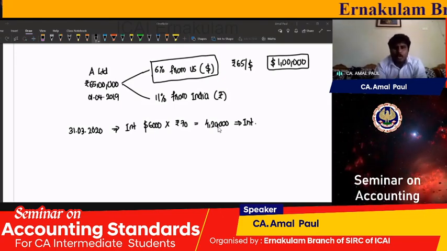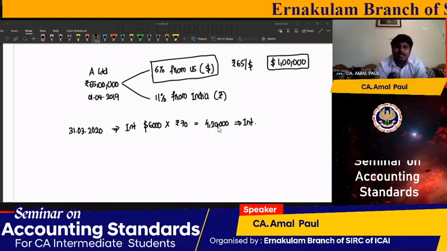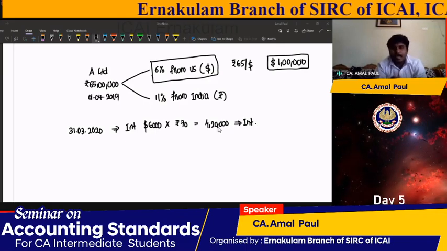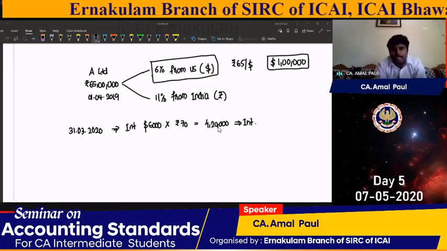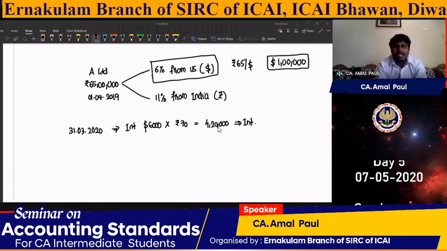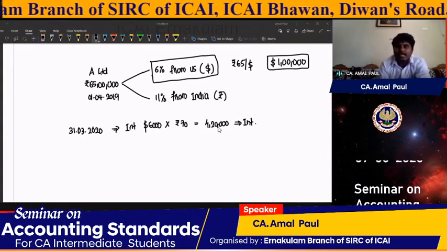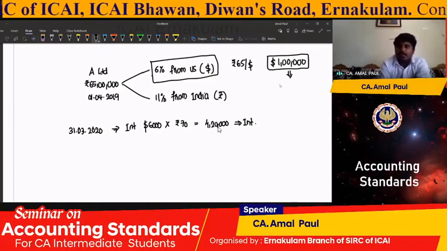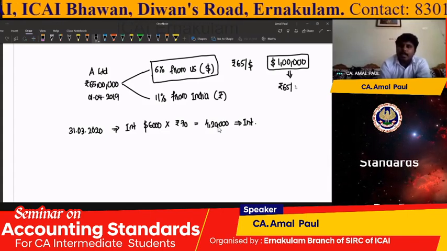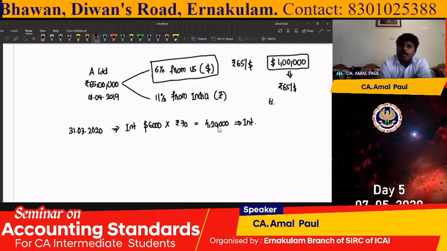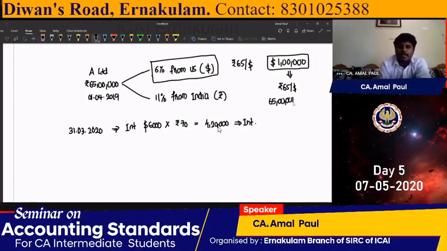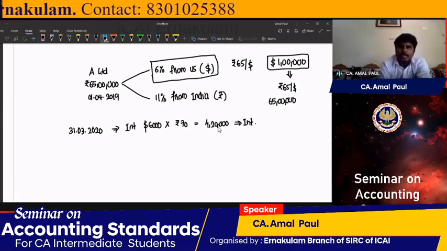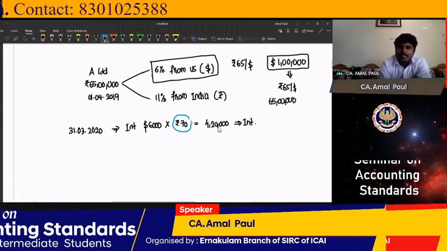Next, this loan of 1 lakh US dollar is a monetary item, so we have to restate it. You had recorded this at 65 as on the date of borrowal, which means you had only accounted 65 lakhs in your books. But as at year end, the exchange rate has changed to 70 rupees.